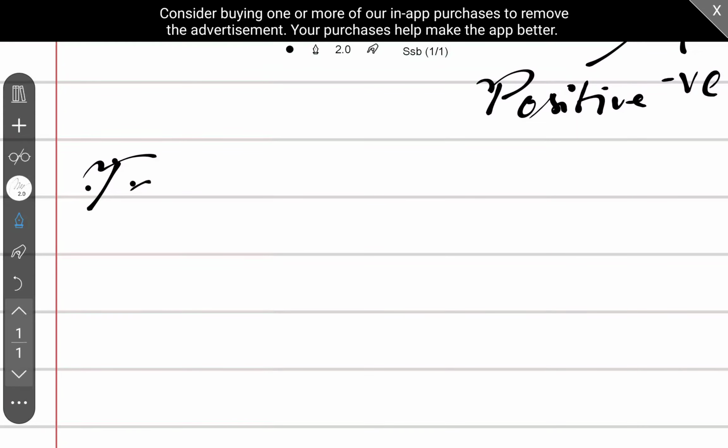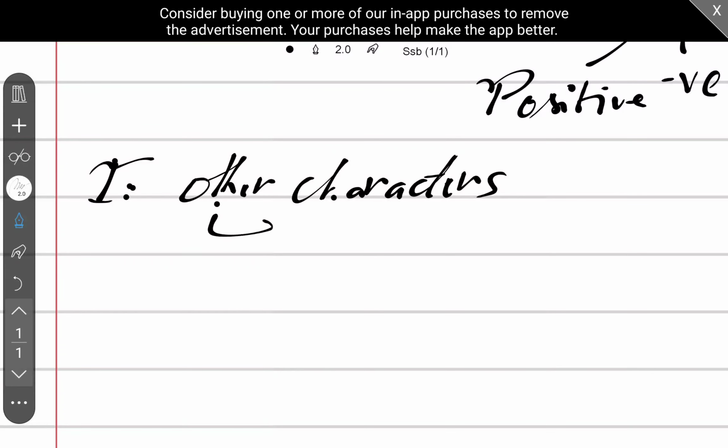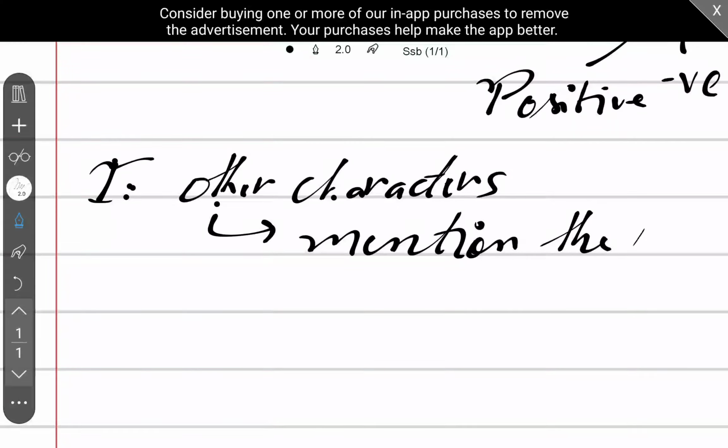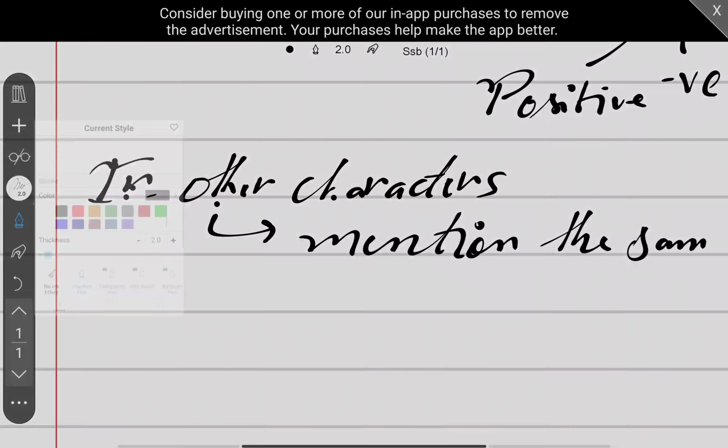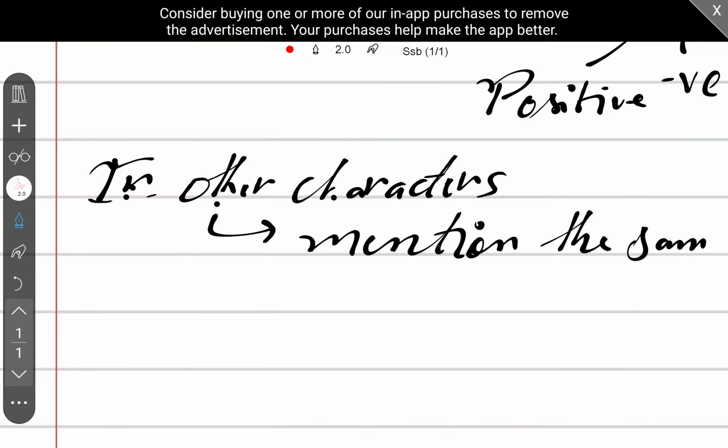One will be the main character, and for the other characters you mention the same details. Now, how can a GTO or a psychologist differentiate that this is your main character and the others are general characters? For that you need to be specific.